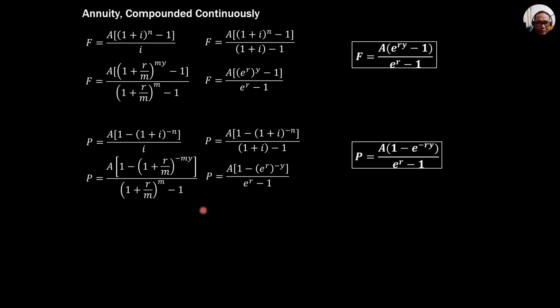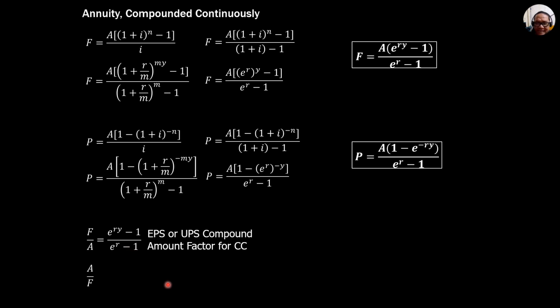So the ratio F over A again is e to the ry minus 1 over e to the r minus 1. That's the formula for F over A. If you can recall, this is called the equal payment series compound amount factor for the case of compounded continuously, or uniform payment series compound amount factor.